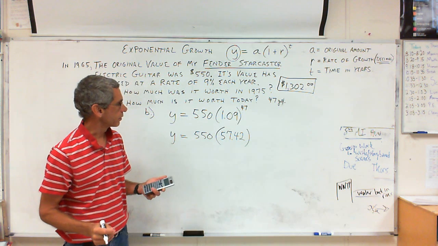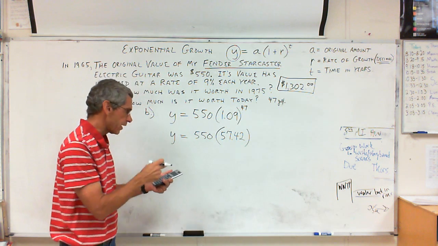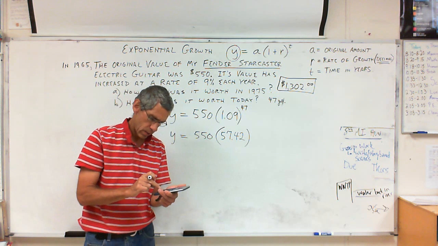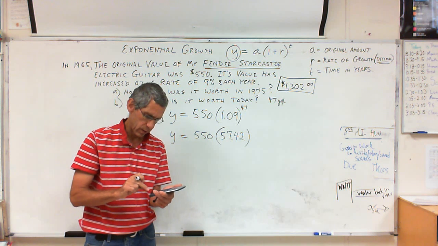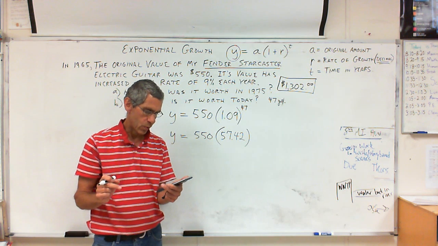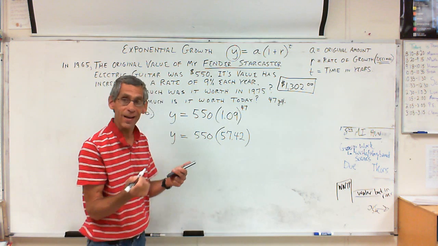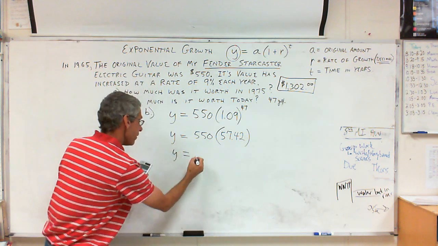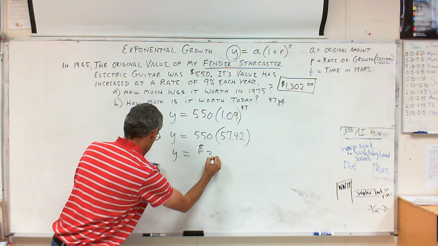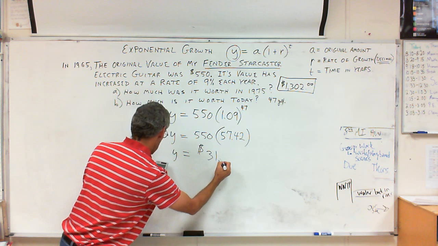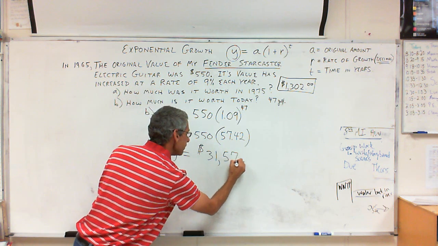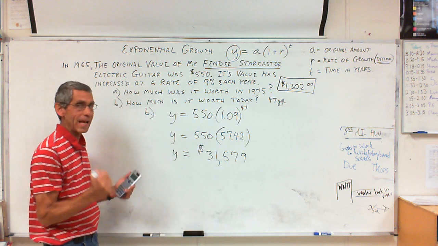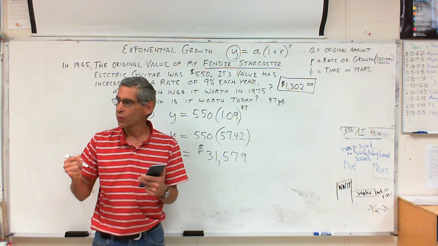That seems high, doesn't it? Wow. All right, well, let's multiply that now times 550. So times 550 equals, woohoo! Yes! This is exciting. Don't you guys like this? So Y is equal to $31,579. Yes! I am rich, I'm wealthy.